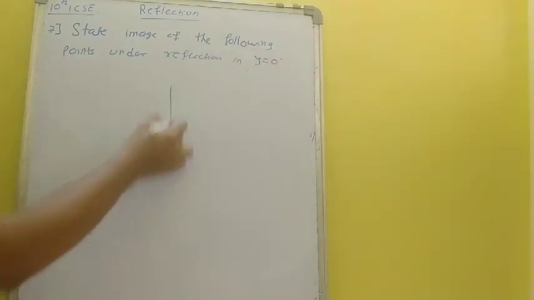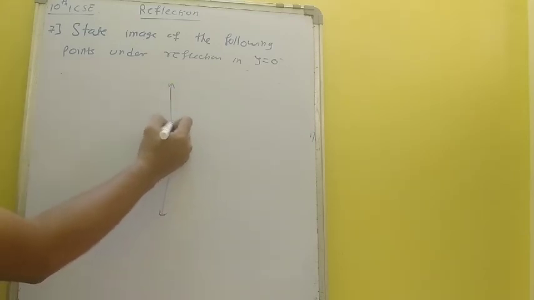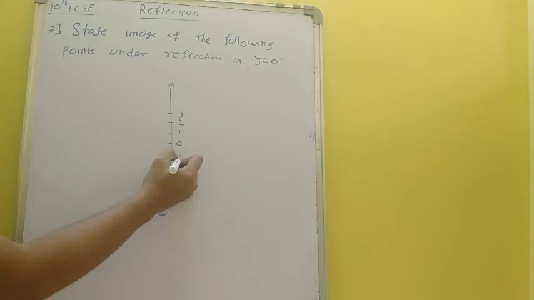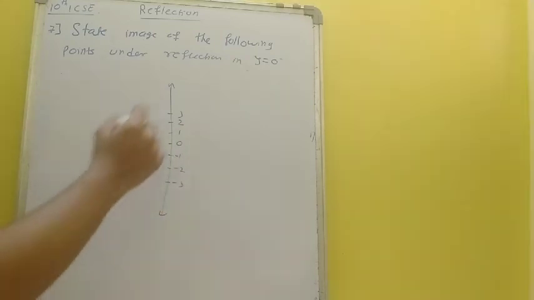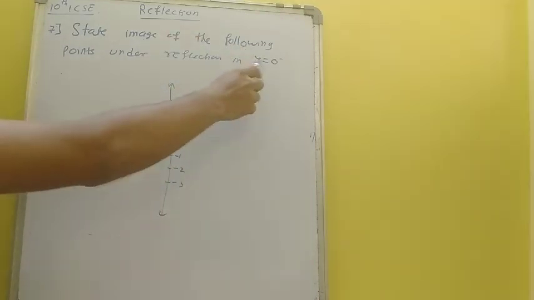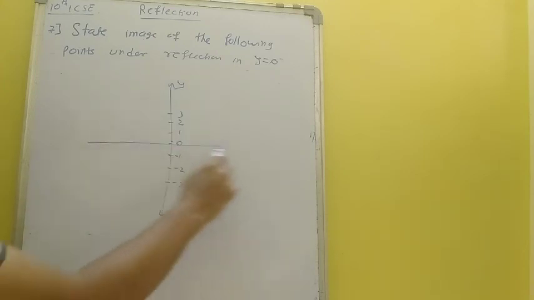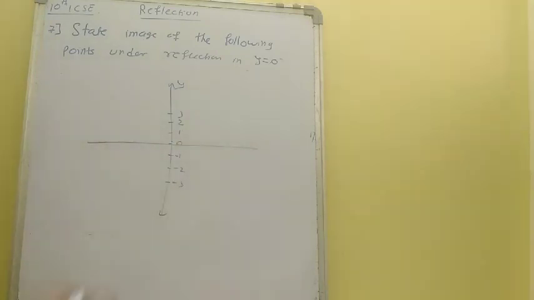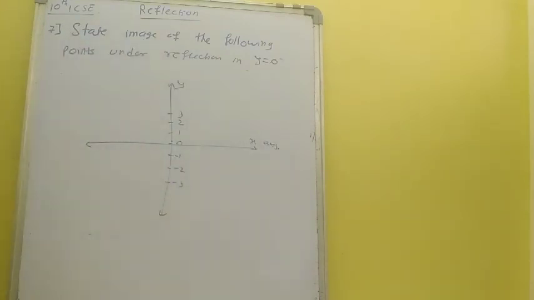Suppose I am drawing a y-axis starting with 0, 1, 2, 3, minus 1, minus 2, minus 3. Now if I am asked to draw y is equal to 0, a line passing through y is equal to 0. This is the y-axis, this is 0 of y-axis. So when I draw a line passing through 0, this line is called the x-axis.